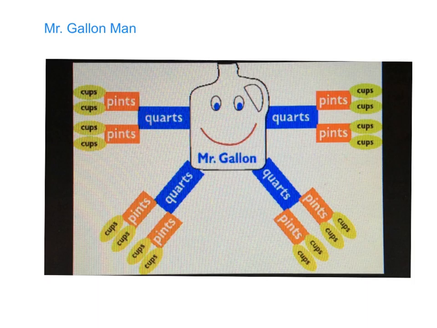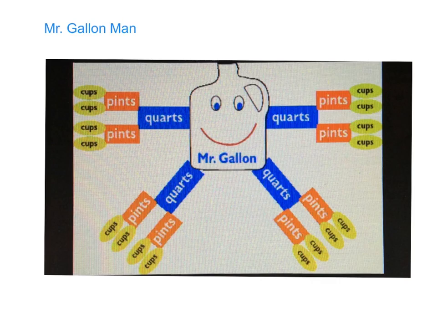Okay. So how many pints are there in 1 quart? Ariel? 2. And in all of Mr. Gallon Man, how many pints are there in 1 gallon? Soham? 8. That's right.